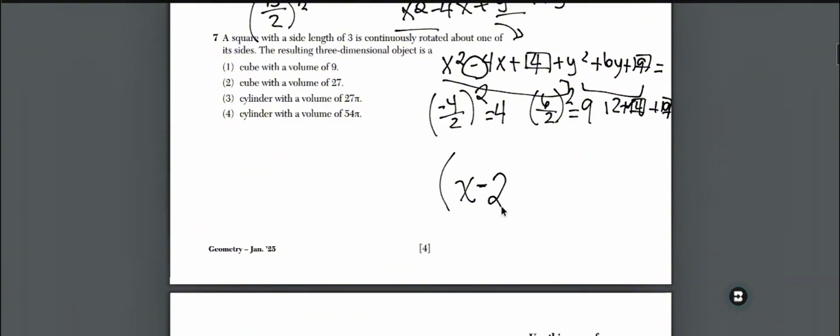So you're going to put 2 over here, squared, plus. Same thing for your y. My sign was a positive, so I'm going to add a plus. And 6 divided by 2 was 3, squared. To my right side, I'm going to add 12 plus 4 plus 9, and I'm going to get 25. That is my equation of a circle.